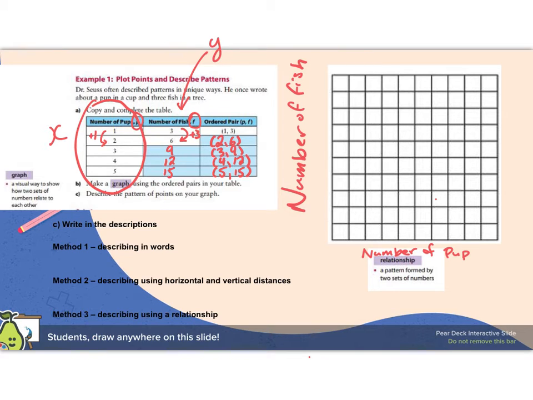So if I go along the x-axis, I always want to start at 0 in this corner. And so I have to get up to the number 5. So if I count how many lines I have, 1, 2, 3, 4, 5, 6, 7, 8, 9, 10. I could just go up by ones.